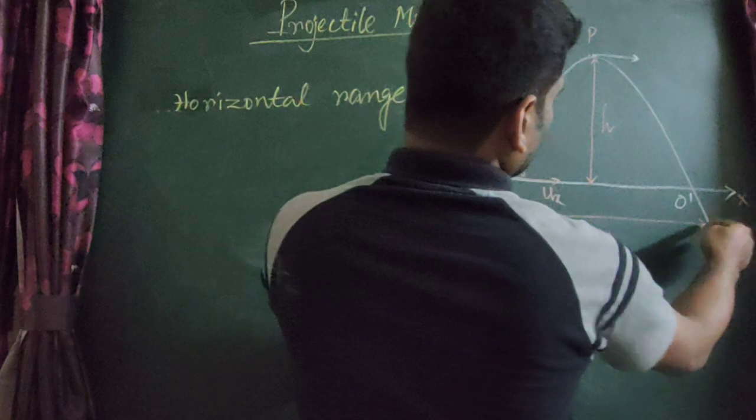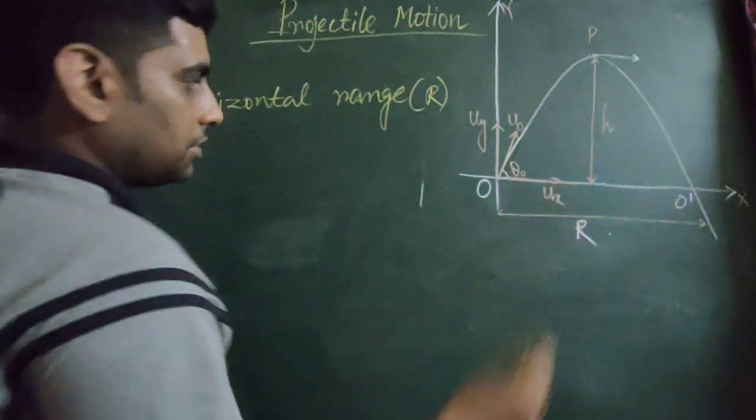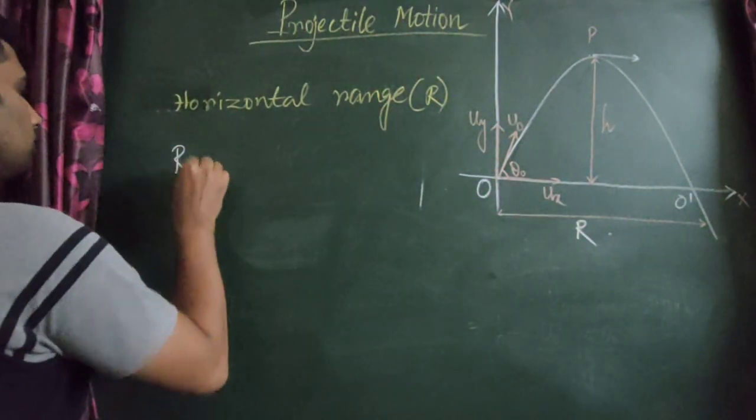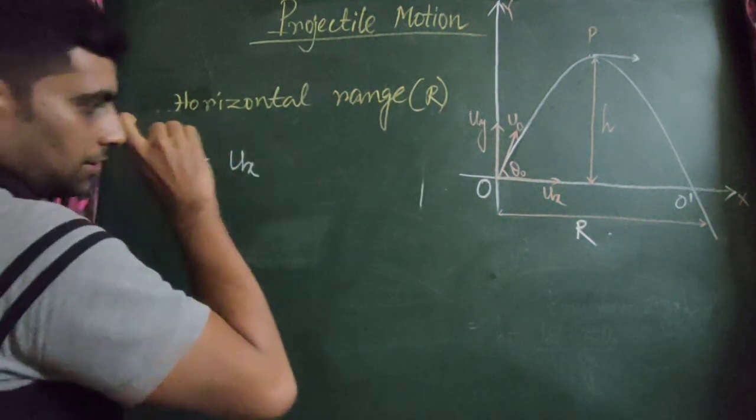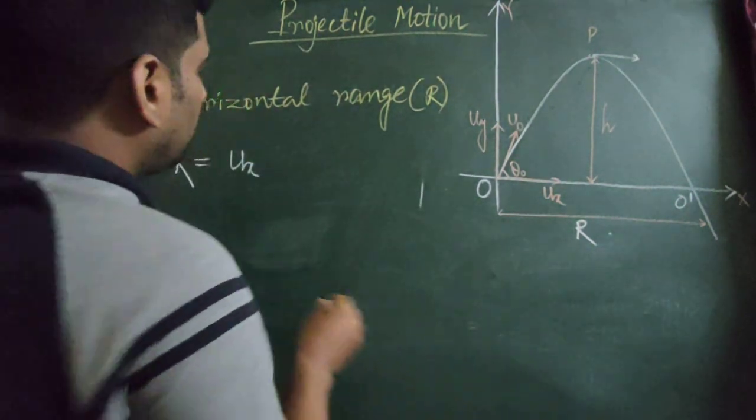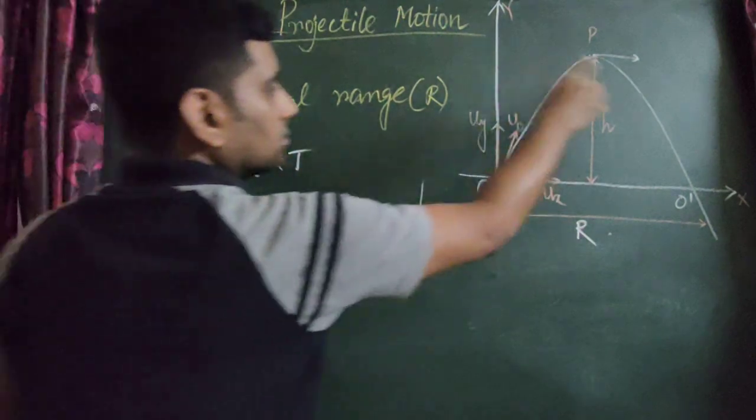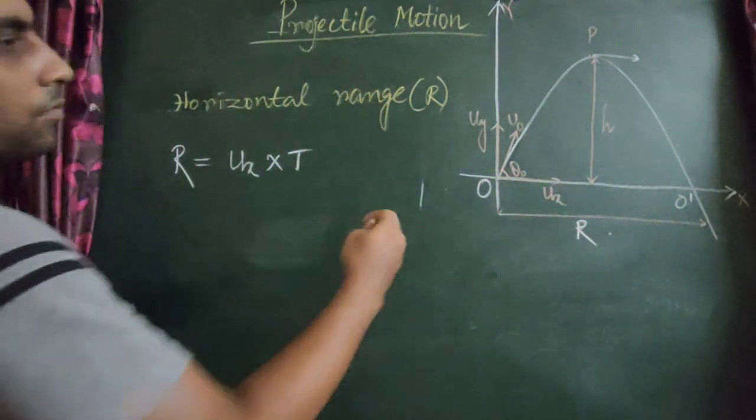This is the horizontal distance traveled. So R equals Ux, the horizontal component of the velocity, into the total time of flight, the total time taken going from O to O prime.